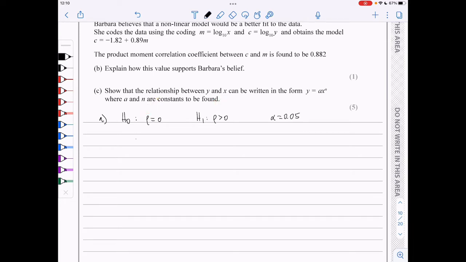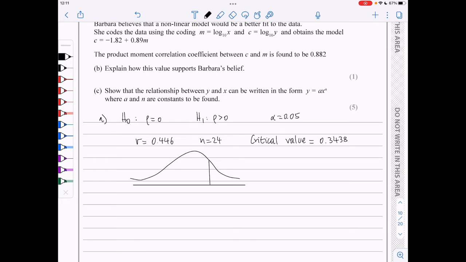We have obtained R to be 0.446 with a sample of size 24. So looking at the table of values provided in the formula booklet, we find that the critical value is 0.3438.